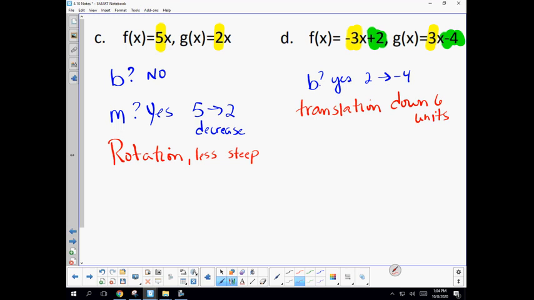And did my m change? It did. It went from negative 3 to 3. So the steepness didn't change, but since it went from a negative to a positive, it is a reflection across the x-axis. Excuse me, the y-axis.